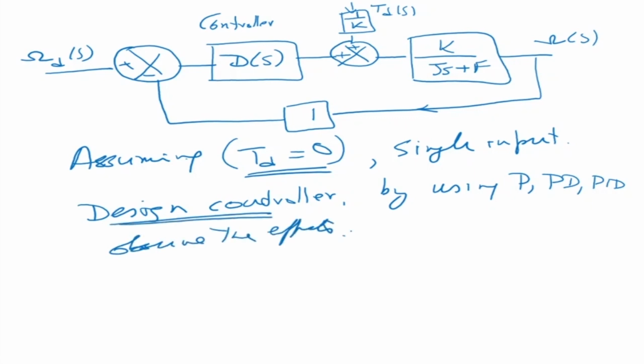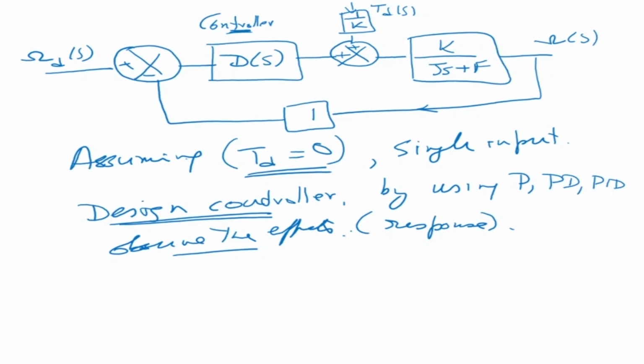Okay, so we are designing a controller here by using first proportional, then proportional derivative, then proportional integral derivative, in the controller block, and then observe the effect in terms of response. Effects means response. Okay, so this is what we are doing to study our control system as we proceed.